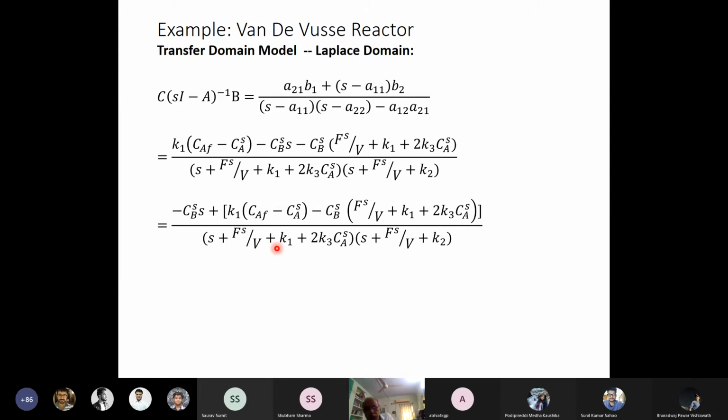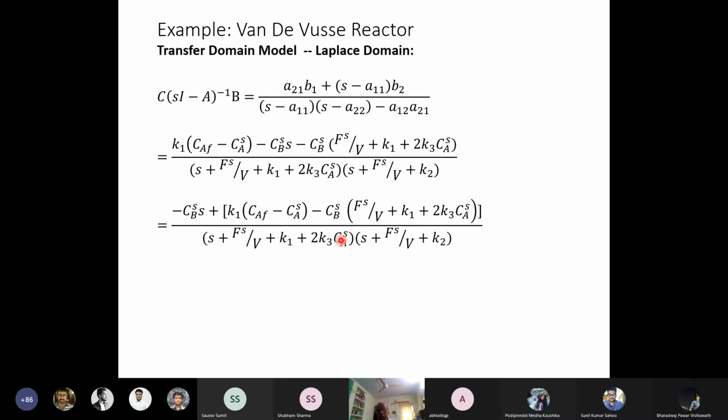Okay. Here you can see this is an equation where you have got a 1 zero over here, and 2 poles over here.